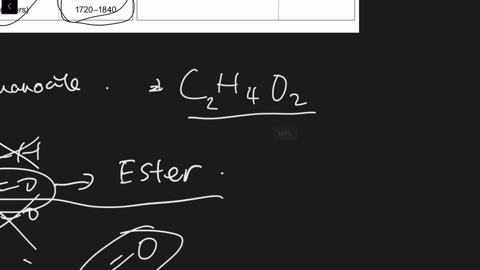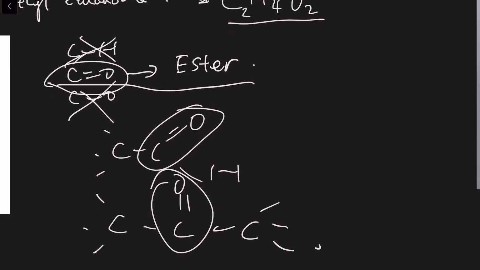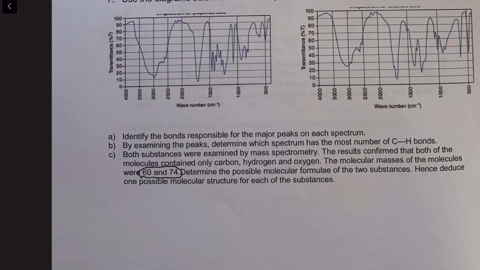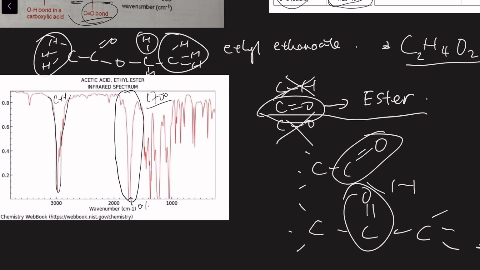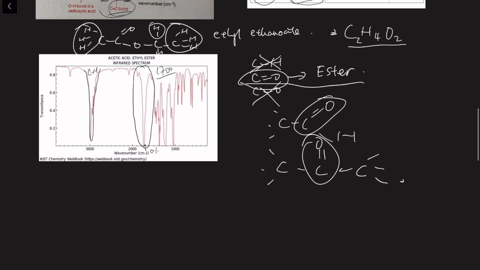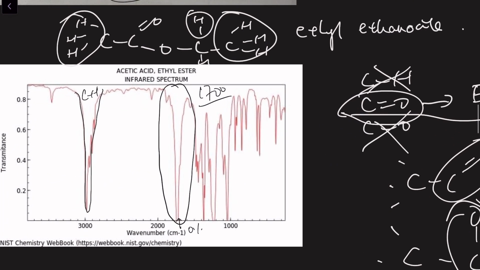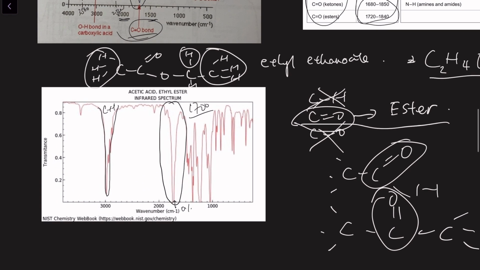If you use the formulas for aldehyde or ketone, you can never obtain a molecular mass of 60 and 74. So that's how you identify whether you have ester, aldehyde, or ketone. They need to provide you with more information. But here, since we already know it is ester, we can safely conclude that this molecule is ester.